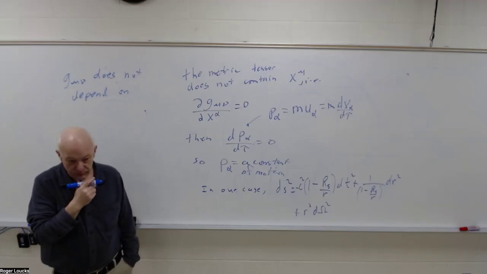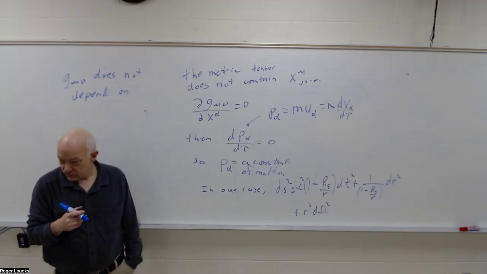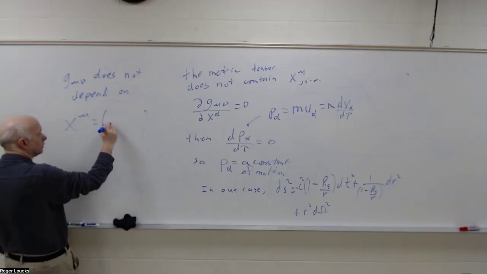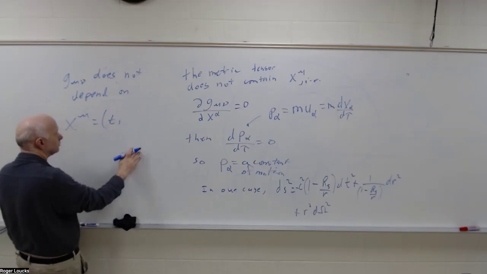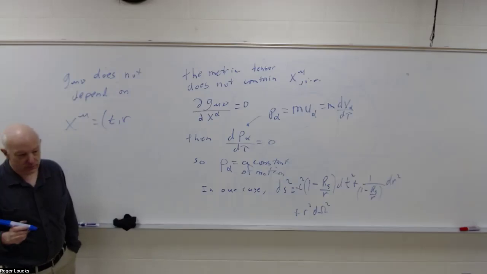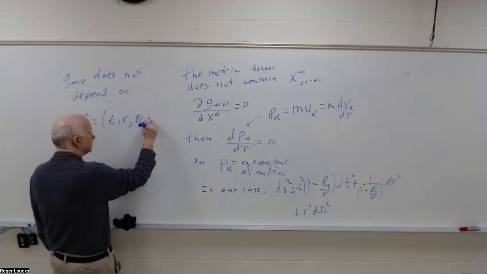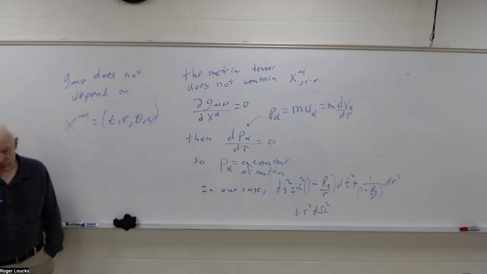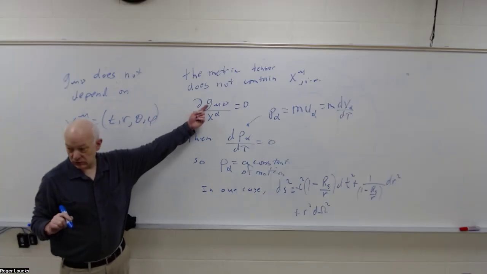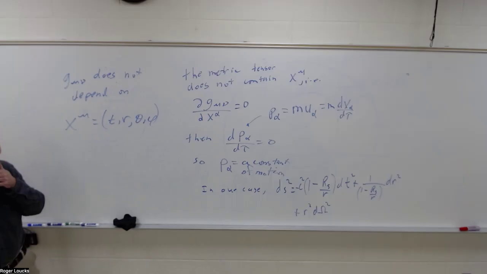Remember our x mu is t, r, theta and phi. It depends on all of those. You have to look at the G's. It's just the constants in front of the dt, dr and so on.